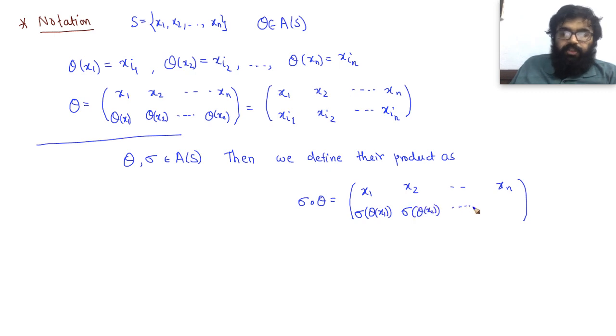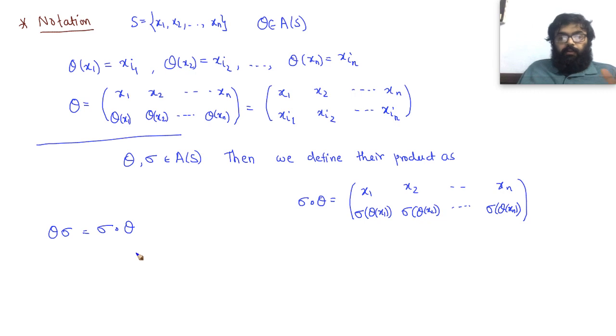This is just a standard notation which we use. Sigma composition theta at xn is nothing but sigma of theta of xn. So this is one notation, and we denote this by theta sigma equals sigma composition theta.